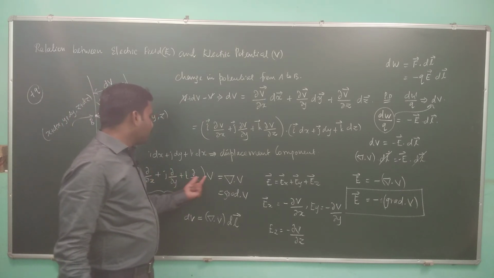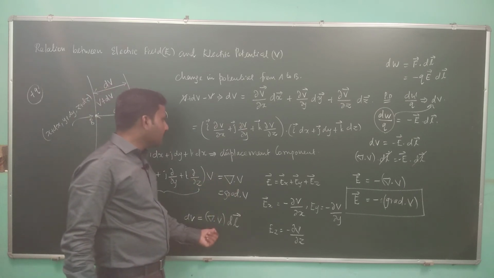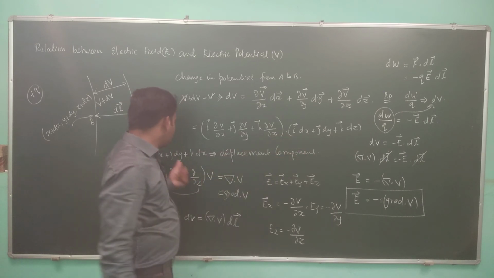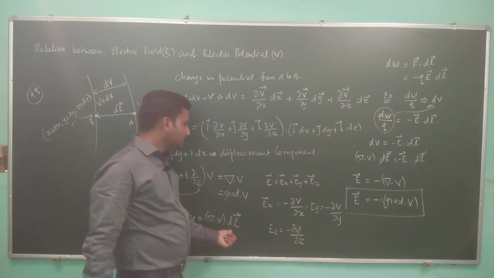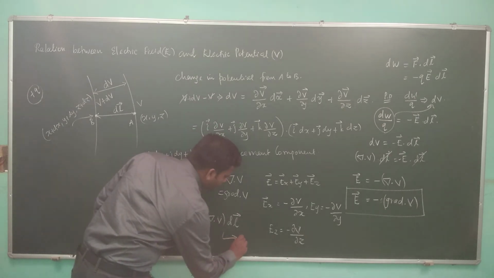So the gradient of V, that is del V, multiplied by this displacement dl, equals dV. Okay, stop here, and this is equation 1.